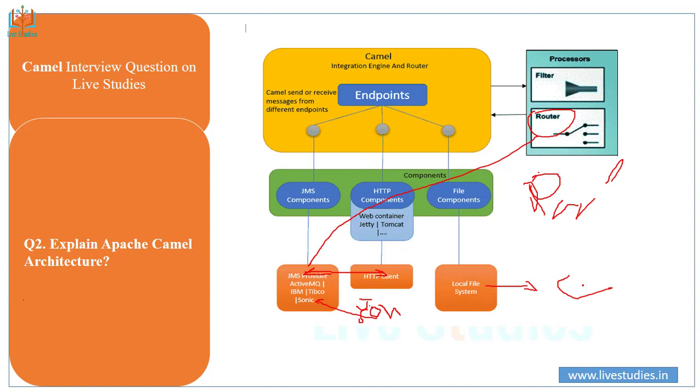FTP to JMS, even HTTP to HTTP. Okay, and also connectivity to microservices. Microservices is the most important. Okay.